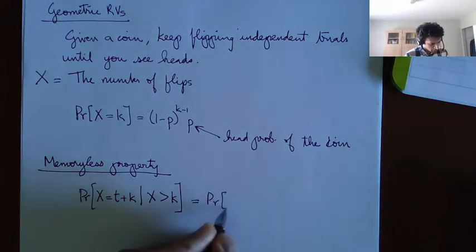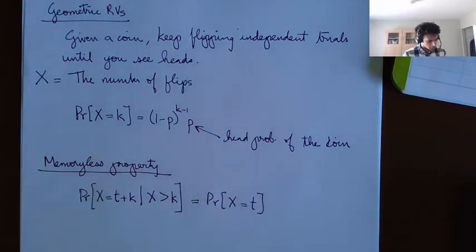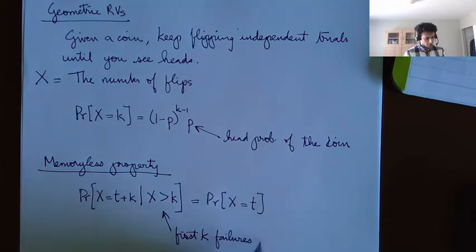It is the probability that X is equal to t. Because the first k failures do not affect subsequent trials.